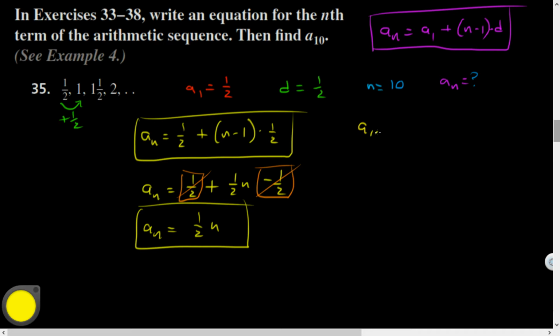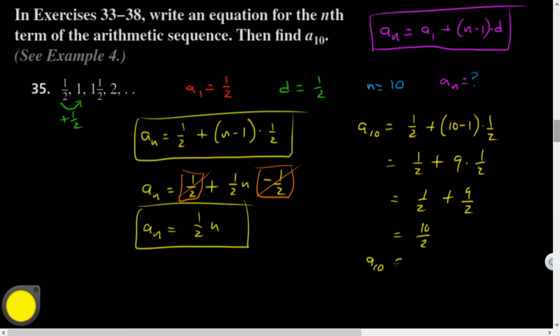So if I want to find the 10th term, I could use this formula, 1/2 plus 10 minus 1 times 1/2. Or I could actually use this formula and plug in 10. This formula is surprisingly easier if I modify it as such. Let's see, 1/2 plus 9 times 1/2. That's 1/2 plus 9/2, which is equal to 10/2. And I get the 10th term is equal to 5.